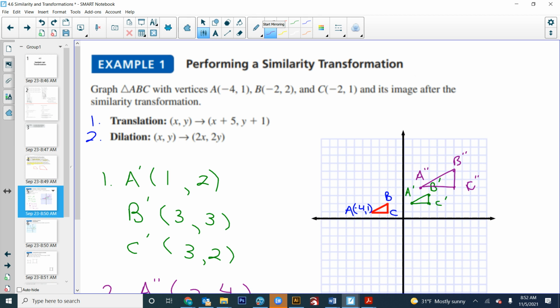And the last one: explain why a similarity transformation includes at least one dilation. Because dilations change side lengths, right? Just a little vocabulary practice.